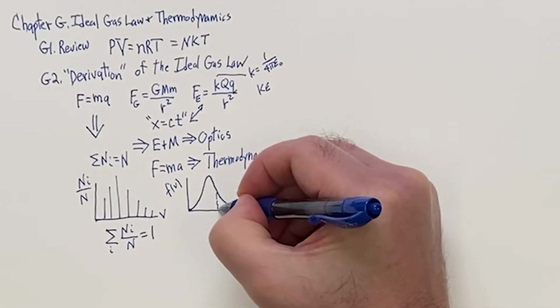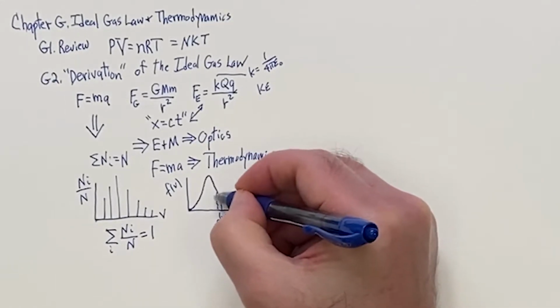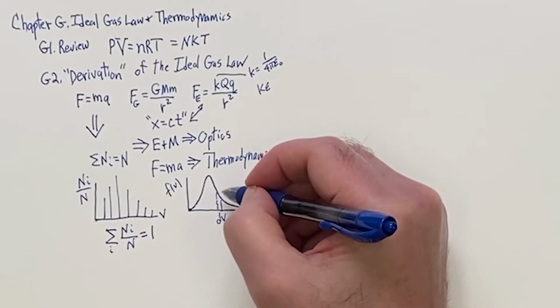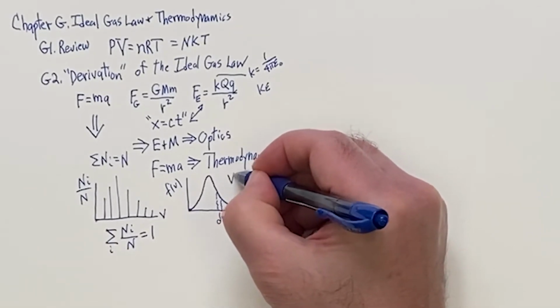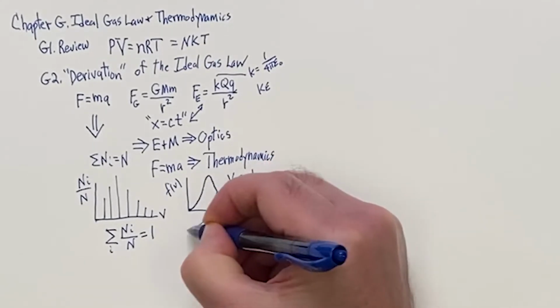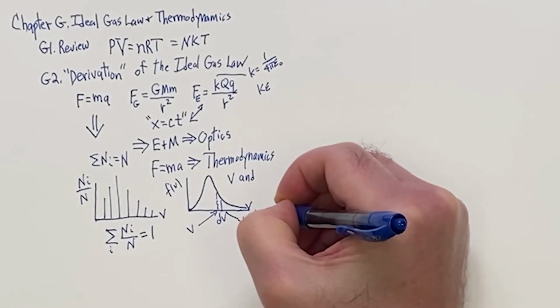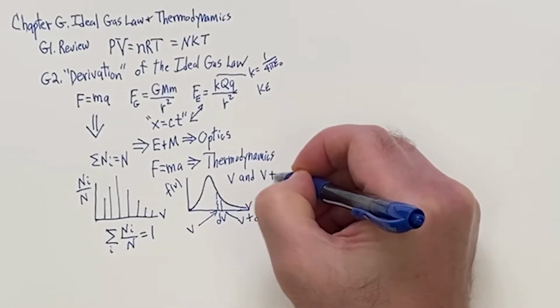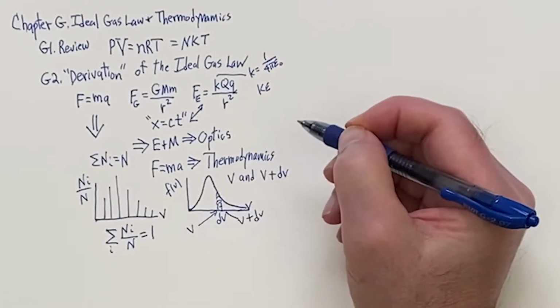And the way this one works is if you take a little strip, dv, then the probability that the speed is between v, and this one over here is v plus dv. So if you're in this range, that's given by the area.